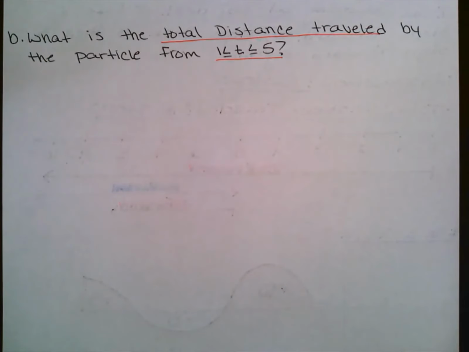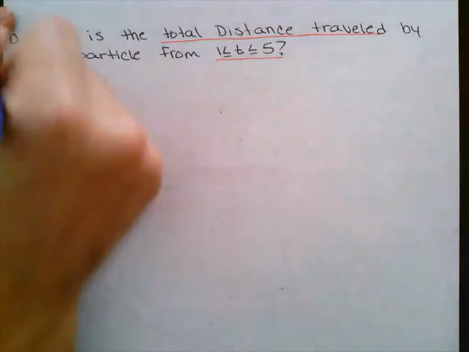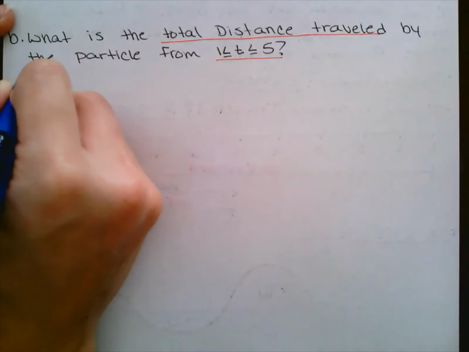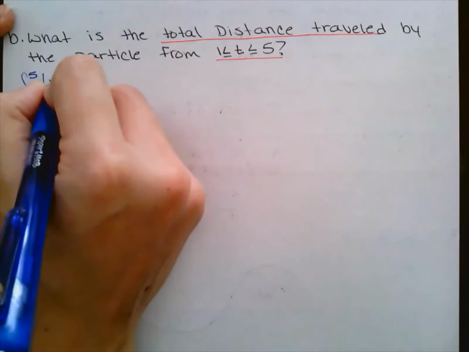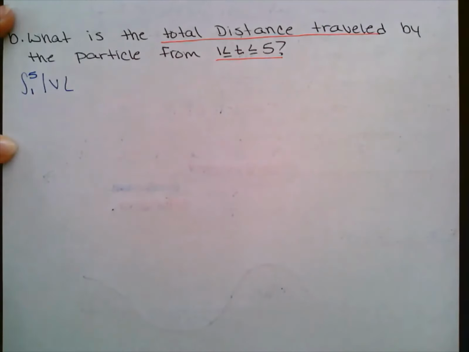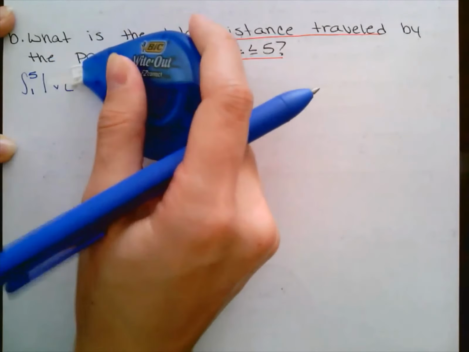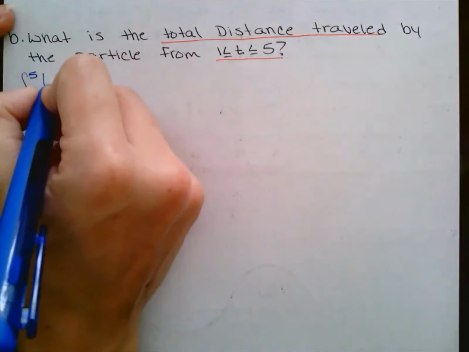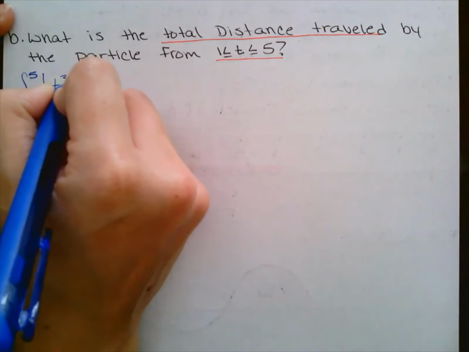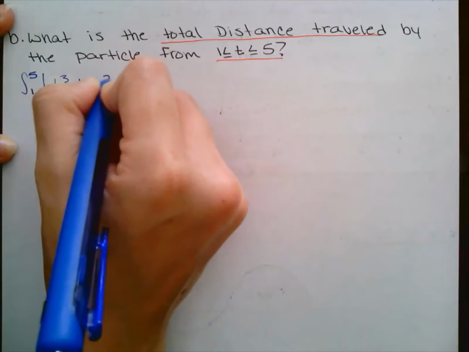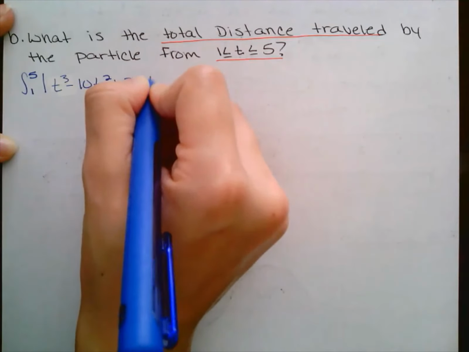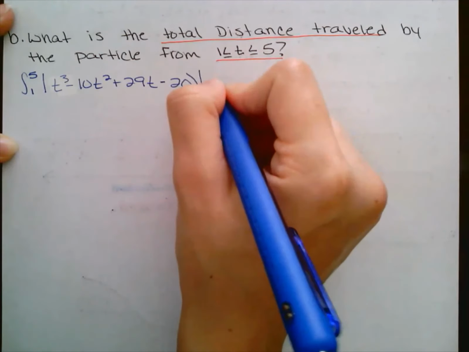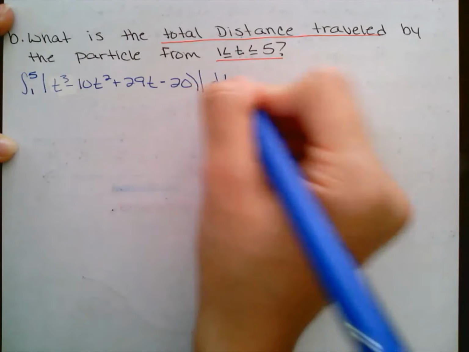So on the last page, we said that total distance traveled is the integral of my time, which is from 1 to 5, of the absolute value of velocity, v of t. My absolute value of my function, and my function is t cubed minus 10t squared plus 29t minus 20. Close your absolute value and finish off your notation with a dt.